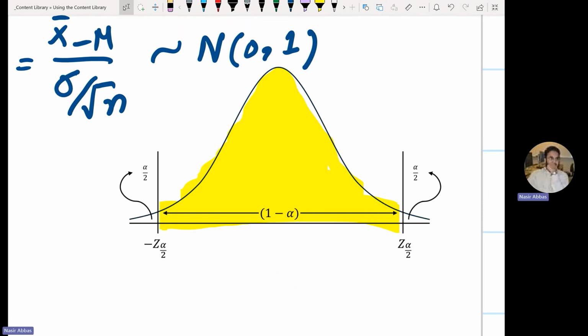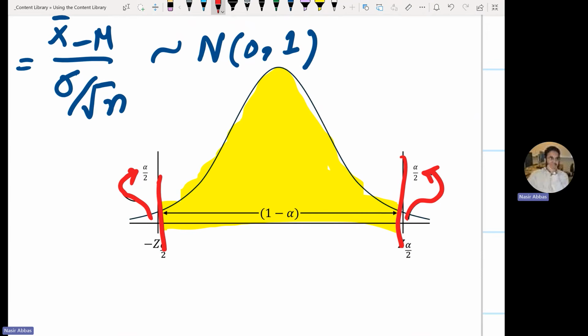The total area under the curve is what? 1. The total area under the curve is 1. I define 2 symmetric points, one on the left side, one on the right side. Remember the words 2 symmetric points, such that the area inside these 2 points is 1 minus alpha, and the area outside these 2 points is alpha. Because these are symmetric points, that outside area alpha is equally distributed on the two sides. Half of it goes to the left side and half of it goes to the right side.